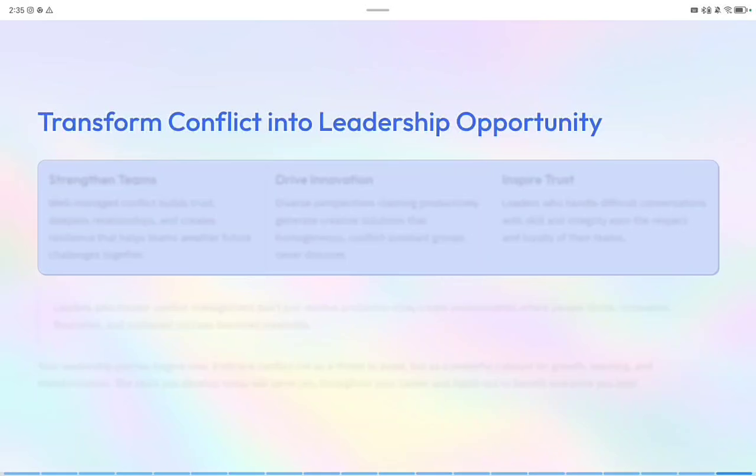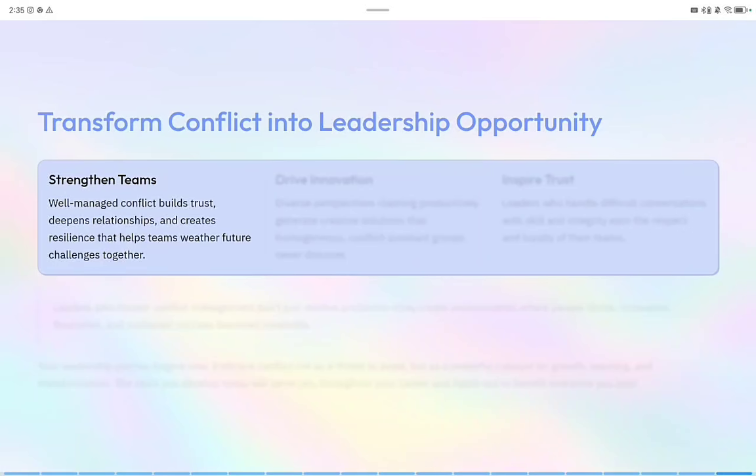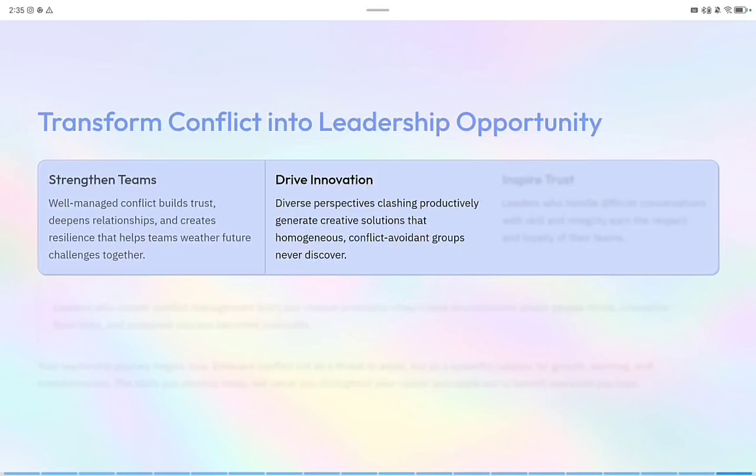Finally, transform conflict into leadership opportunity. Okay? Strengthen teams. Well-managed conflict builds trust, deepens relationships, and creates resilience that is helpful for future challenges together. Okay? Drive innovation.